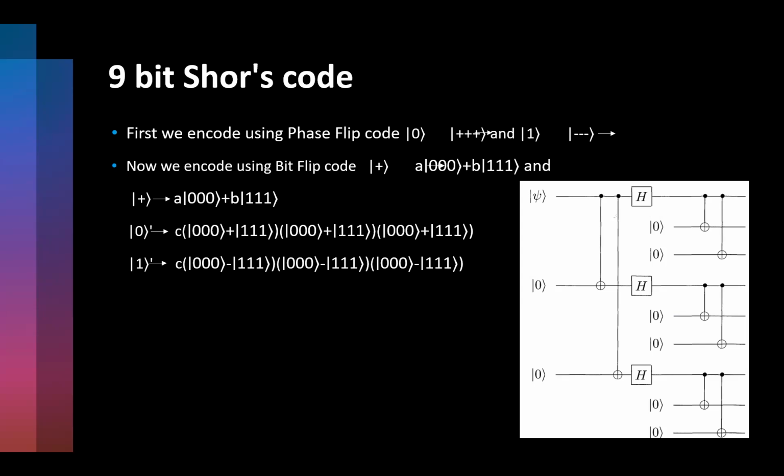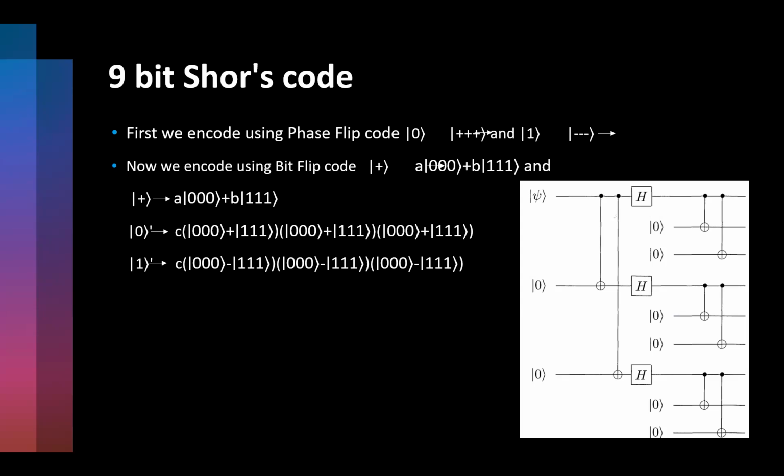So plus becomes 0 0 0 plus 1 1 1 and minus becomes 0 0 0 minus 1 1 1. Then we introduce this bit flip code on every qubit. So we had 3 qubits, psi, 0 and 1. Now we introduce a Hadamard gate, and after every Hadamard gate, we will apply the bit flip code.